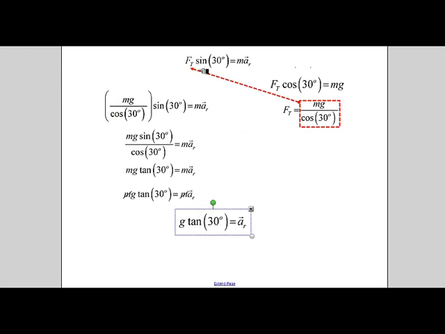You can see once I've substituted this into the F_T here, there's a little bit of simplification I can do. The sine over cosine becomes a tangent, and there's a mass on each side. So we see the acceleration in the radial direction is very nicely simplified to the strength of gravity times the tangent of that vertical angle.